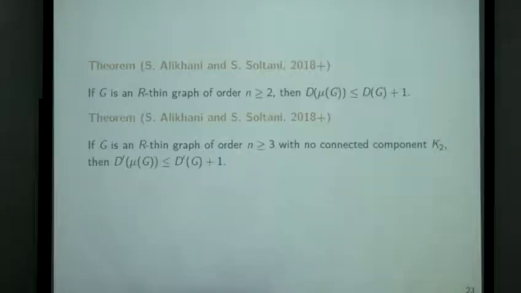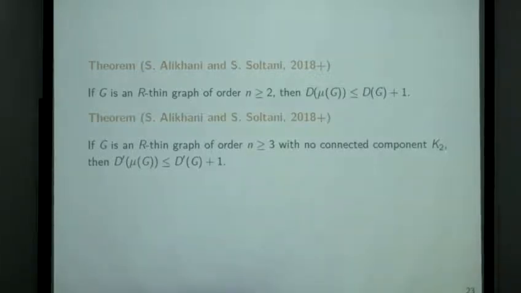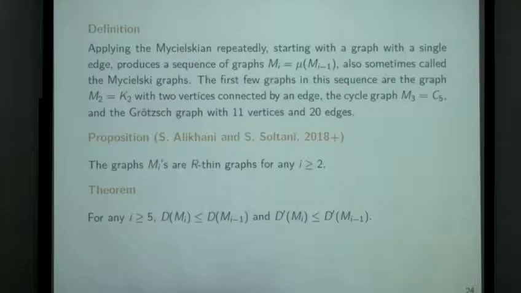And here we have a theorem that says if G is an arching graph of order n greater than or equal to 2, then the distinguishing number of the Mycielski graph of G is less than or equal to the distinguishing number of G plus 1, and this inequality is sharp. And also we have the same for the distinguishing index.